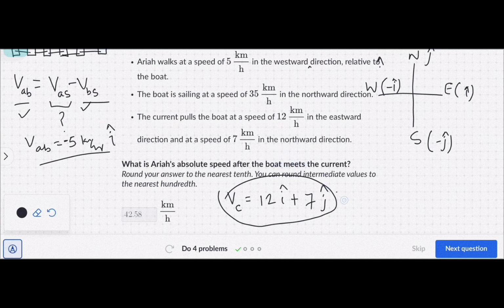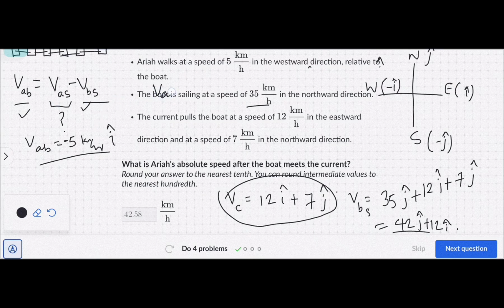The boat is itself going at 35 km per hour in northward direction. So 35 j cap plus 12 i cap plus 7 j cap. How much is it? 42 j cap plus 12 i cap. Now we have to find V_AS.